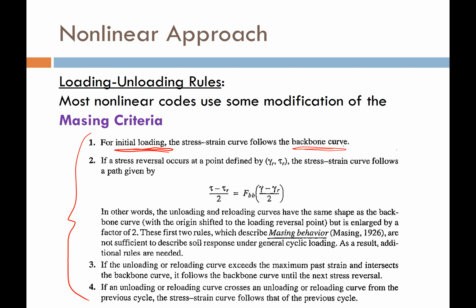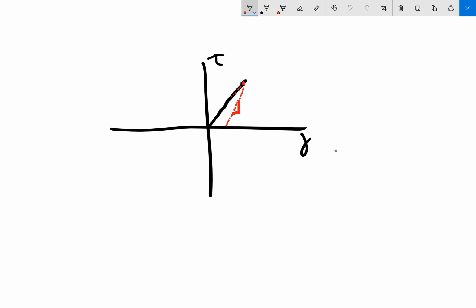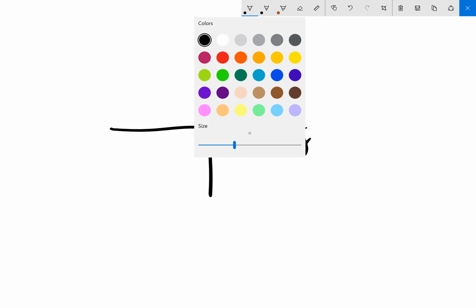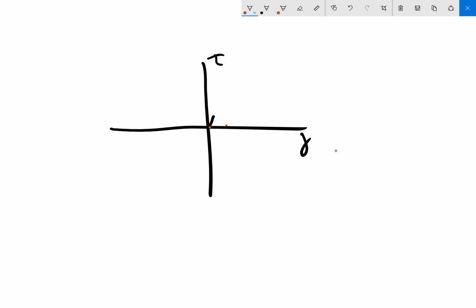So if I go back to my little plot here, let me erase some of this. The idea is if I'm loading a virgin soil for the first time, I'm going to have this backbone curve that you're going to recall that we can get from our modulus reduction relationship or our modulus reduction curves.